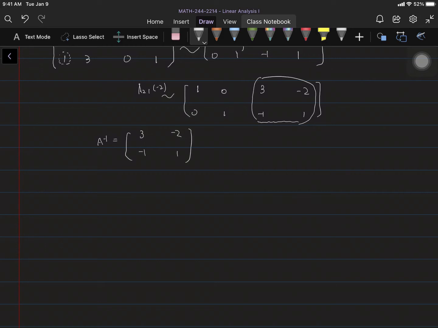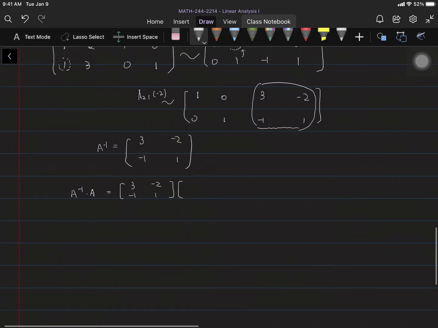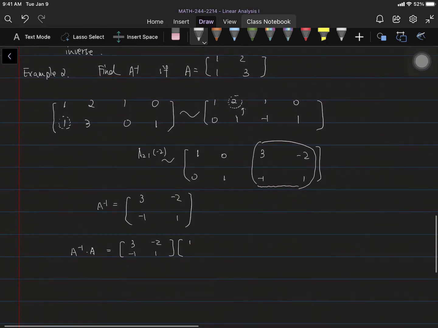And then here, if you have time, we always like to double check our solution. So A inverse times A, which is 3, -2, -1, 1, times A, 1, 2, 1, 3. Is this going to be identity?